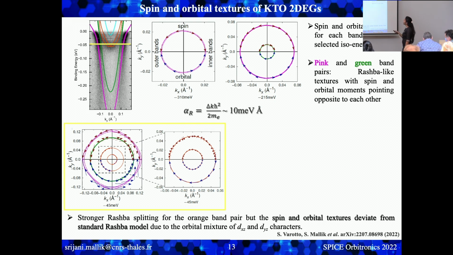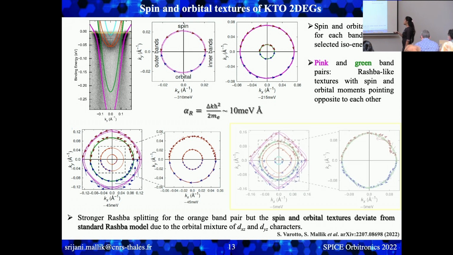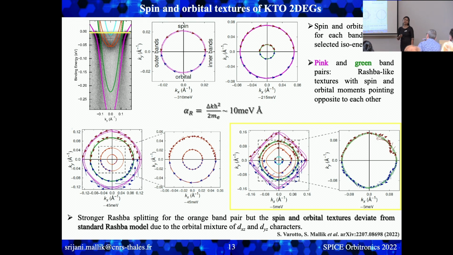And as we increase the energy from here to close to the cyan band, although the cyan band shows Rashba-like spin and orbital texture, here we are seeing more complicated stuff, because for the green band, it is expected from the theoretical calculation that there is a crossing between the two pairs of the green band, and also the orbital characteristics get mixed.